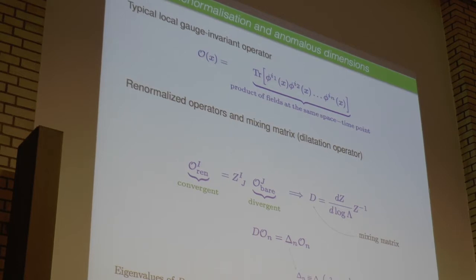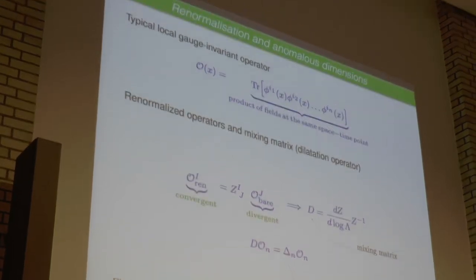But quantum field theory tells us that such composite operators actually undergo renormalization, and as a result, their classical dimension gets shifted by an anomalous amount. In other words, these fields acquire anomalous dimension, which becomes a function of the coupling constant of this theory.